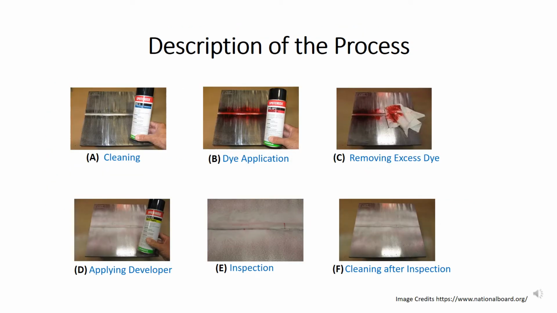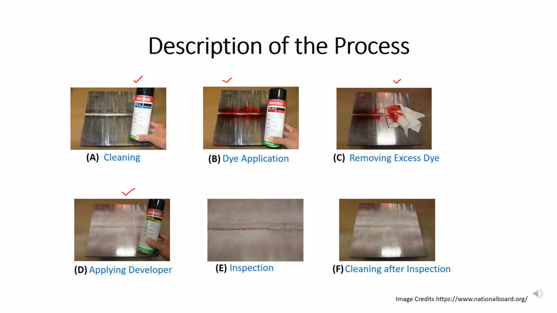Here is another actual figure which shows the inspection of a welding joint. The first step is cleaning. After that we apply the red color dye. You can see the red color dye is there on this weld pool, and after the dwelling time, we will remove the excess dye with the cleaning cloth, and then we apply the developer.